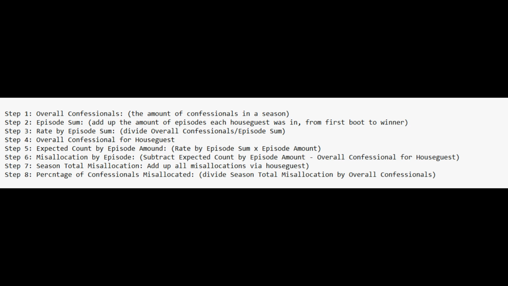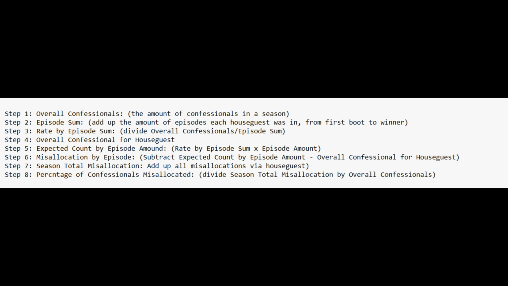The next part is we're going to compare the overall, meaning the amount of diary rooms they actually got, and the expected diary room count that they should have had based on the episodes that they were in the season. We are going to subtract the expected count by episode amount from the overall diary room or confessional count, and this comes up with the final variable, which is the misallocation by episode.